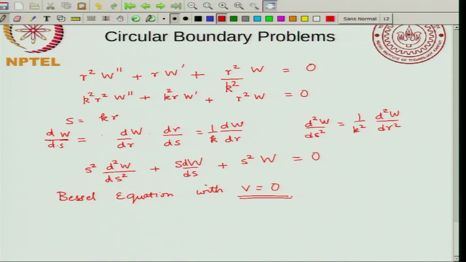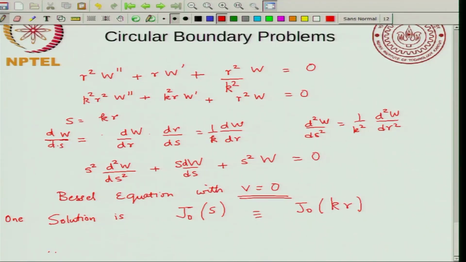Okay. So, what is the solution of this equation? At least one solution is J0 of s, or equivalently it is J0 of kr.